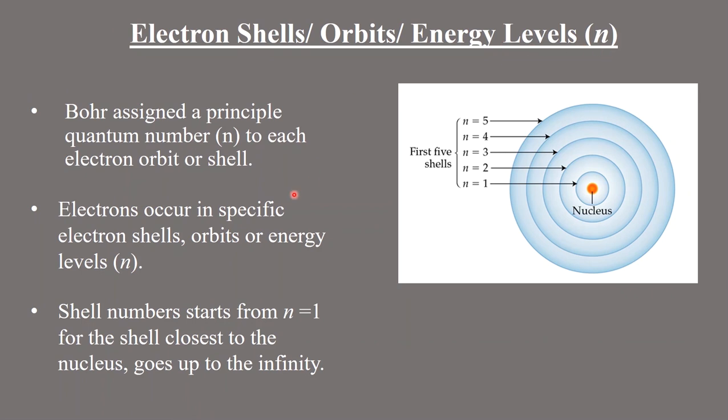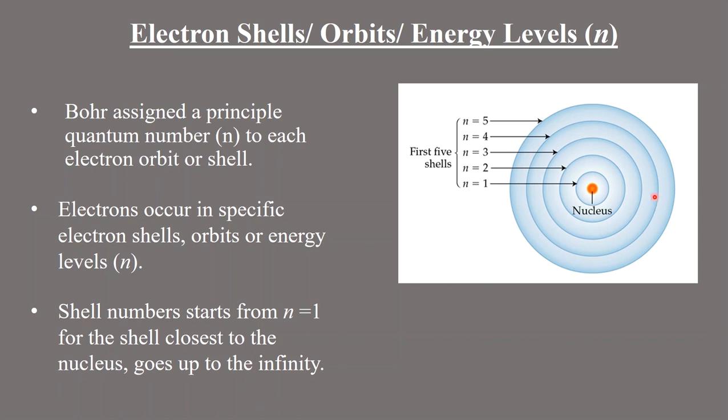Bohr assigned a principal quantum number, which is represented by lowercase n, to each electron orbit or shell. Electrons occur in specific shells or orbits or energy levels. There are three names for this. Shell numbers start from n equals 1 and go up to infinity.